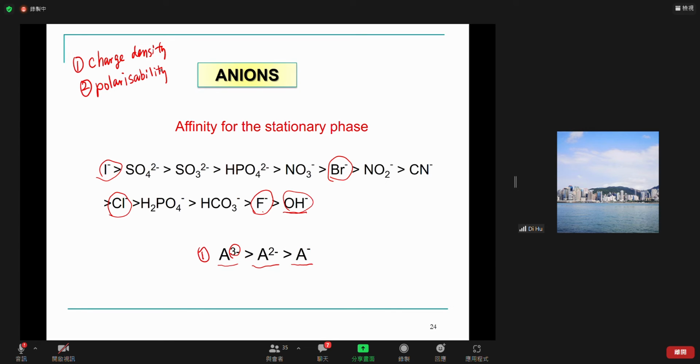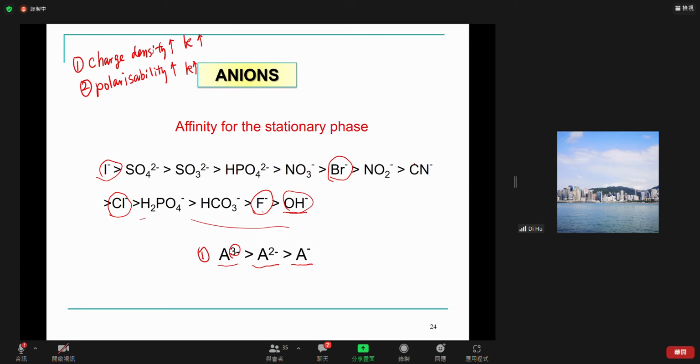So when charge density increases, the retention increases. When polarizability increases, retention increases. Okay, so I have to say this elution order, this affinity order, may not be really fixed. It really also depends on your mobile phase. So it's just to give you a rough idea. It's not always exactly in this order.